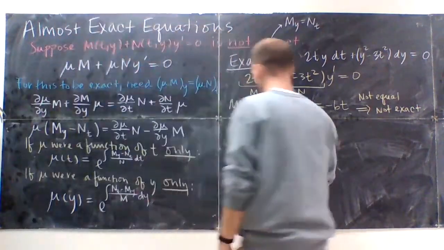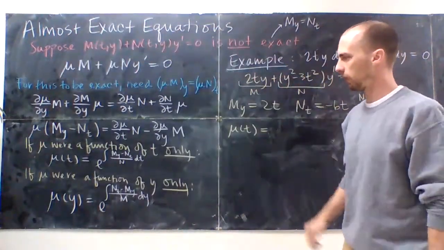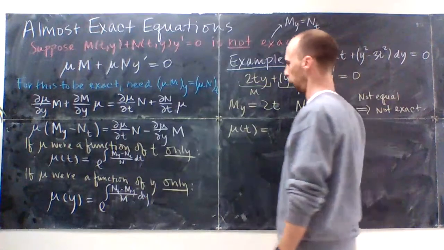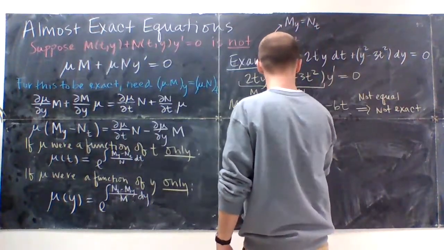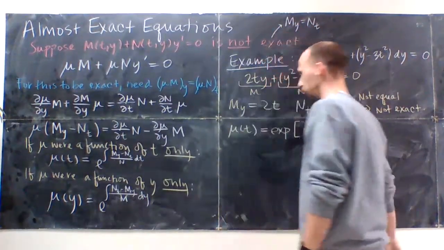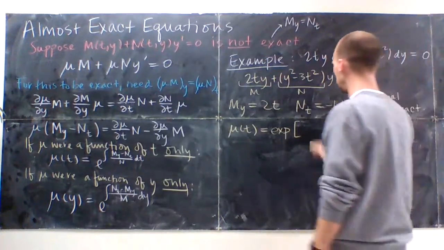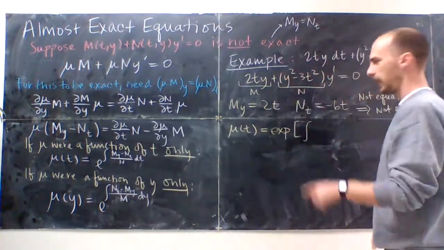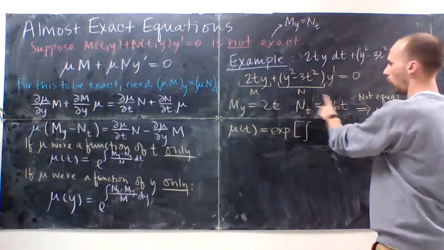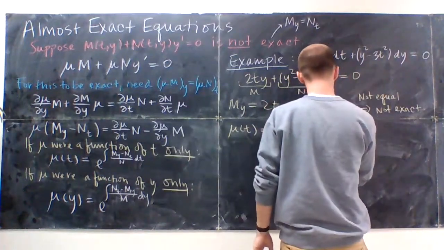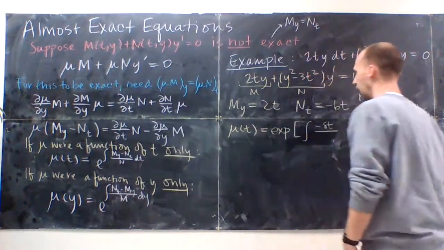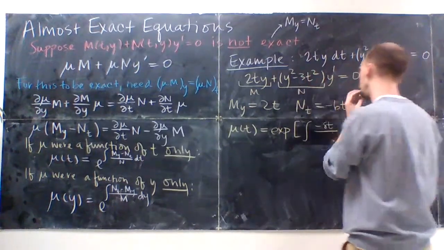Maybe instead of putting e to the and trying to fit that integral in a really small exponent, I'll just say the exponentiation of the antiderivative of nt minus my, that's going to be negative 8t, divided by m, which is 2ty.